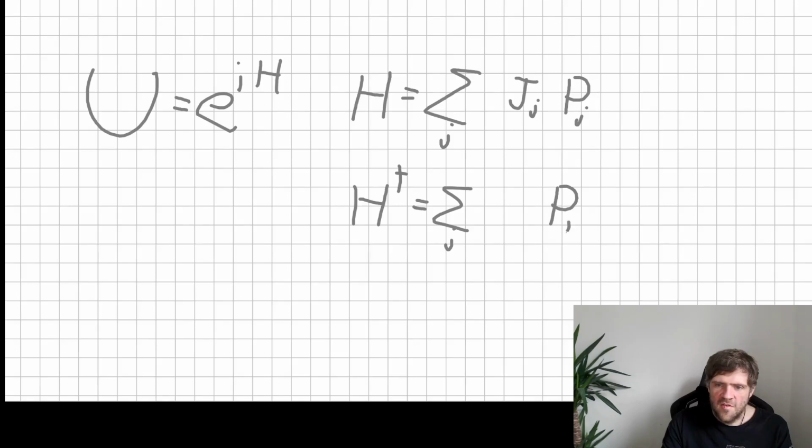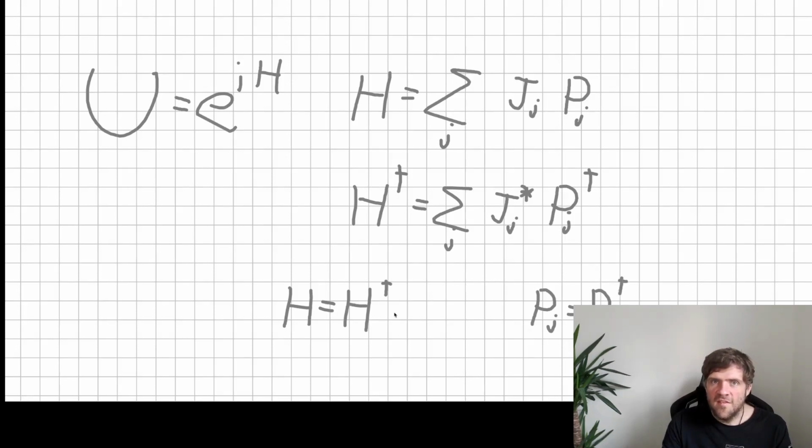So we take the Hermitian conjugates of these Paulis, and of the coefficients, which for numbers just means the complex conjugate. Now, since h is Hermitian and therefore equal to its own Hermitian conjugate, and since the Paulis are Hermitian and hence equal to their Hermitian conjugates, these relations only hold if the coefficients are also Hermitian, which for numbers just means they have to be real.